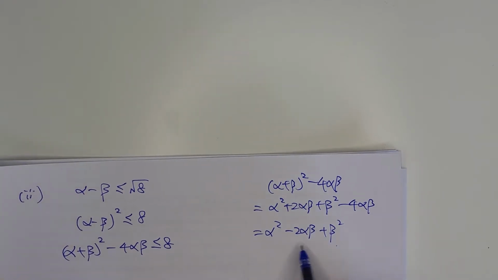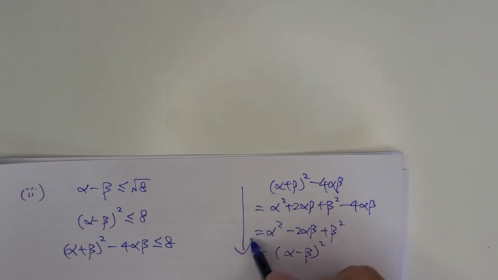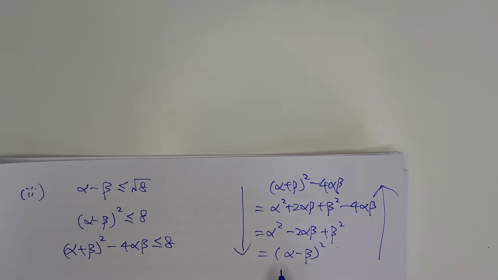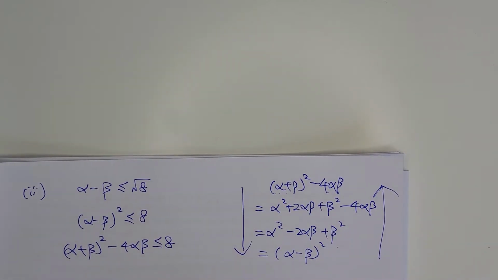So you can see that alpha square minus 2 alpha beta plus beta square can be written as alpha minus beta all square. So you can do it in this way, or go back the other way. That means alpha minus beta bracket square can be changed into alpha plus beta bracket square minus 4 alpha beta.